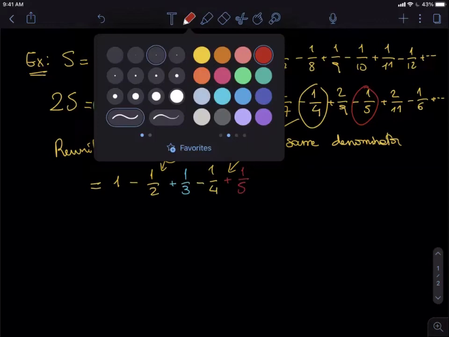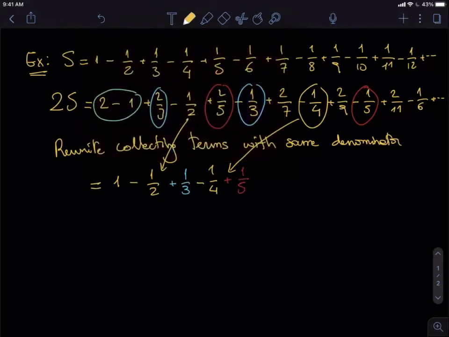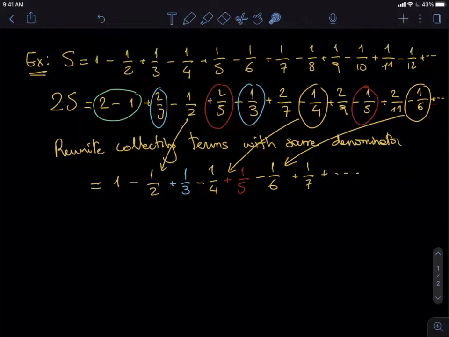And then we have minus 1 over 6. Okay, and we can keep going. So the next one will be plus 1 over 7, and so on. That one comes from the 2/7 from here, and then we have a negative 2 over 14 that will appear later on down the road.